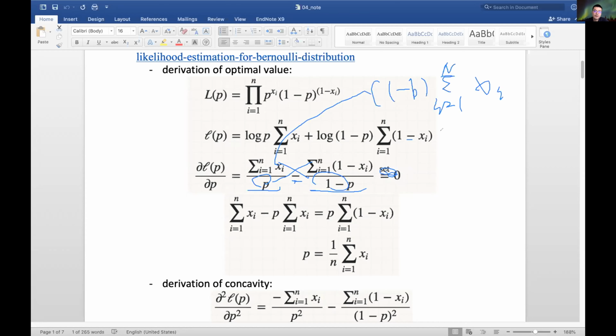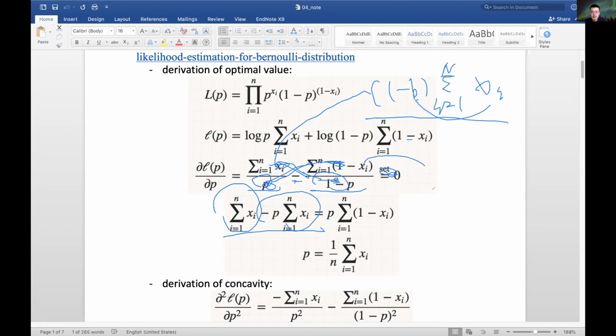This 1 times the summation is just the summation. This is p times the summation. So this thing times this thing should be equal to this thing times this thing.